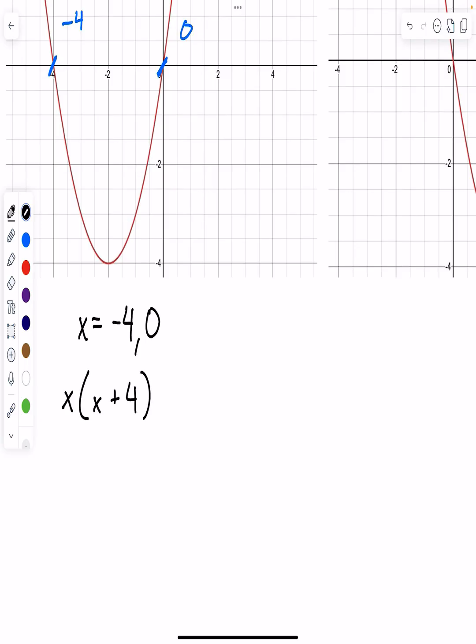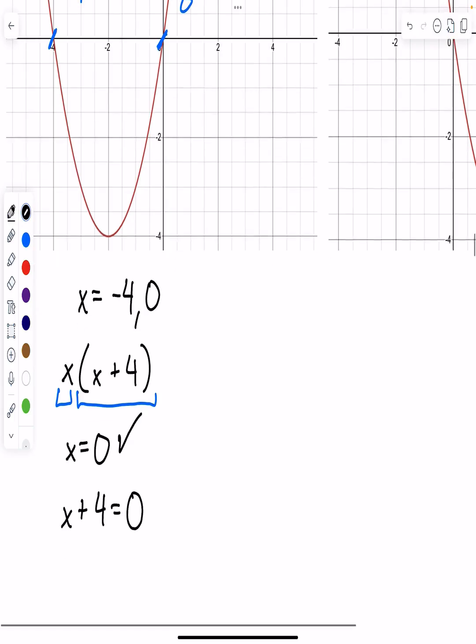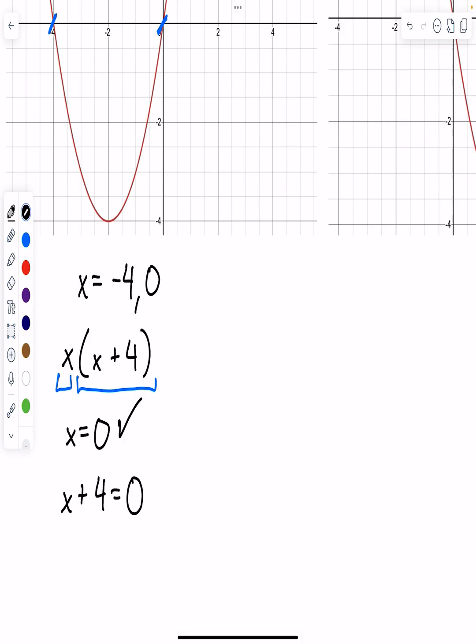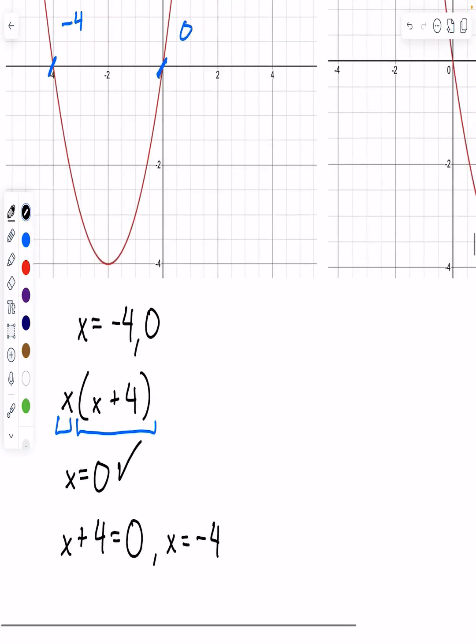I know that to be the case because if I set each of my terms equal to 0, x equal to 0, or x plus 4 equal to 0, that's already solved for me. But if I solve x plus 4 equal to 0, I should get a value of x equals -4, which is the case when I cross my x-axis.